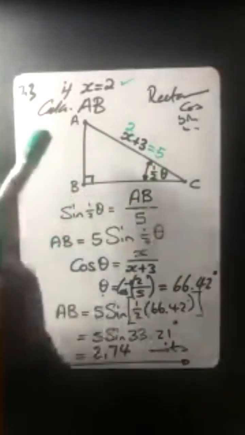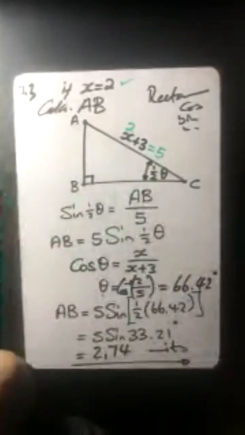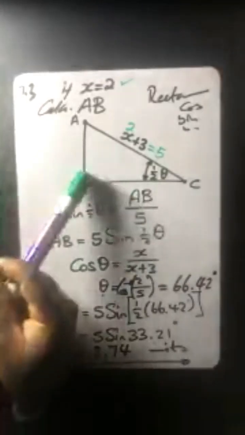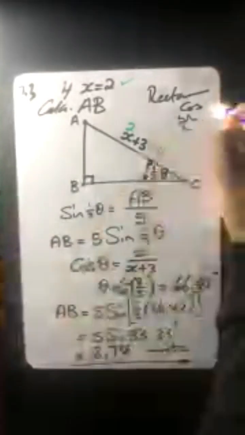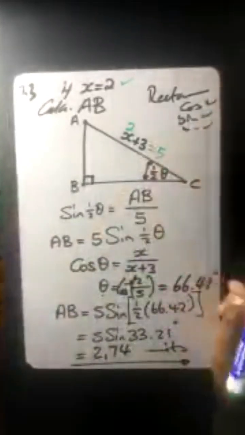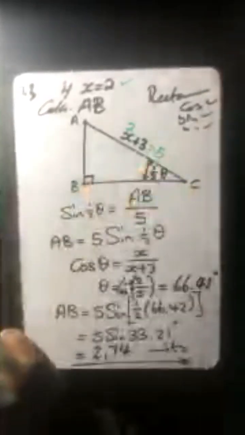Then you draw that triangle and you write what you've got. Then you ask, is it a right angle triangle? If yes, you can use cos, sine, or tan. If it's not a right angle triangle, use the sine rule or the cosine rule.